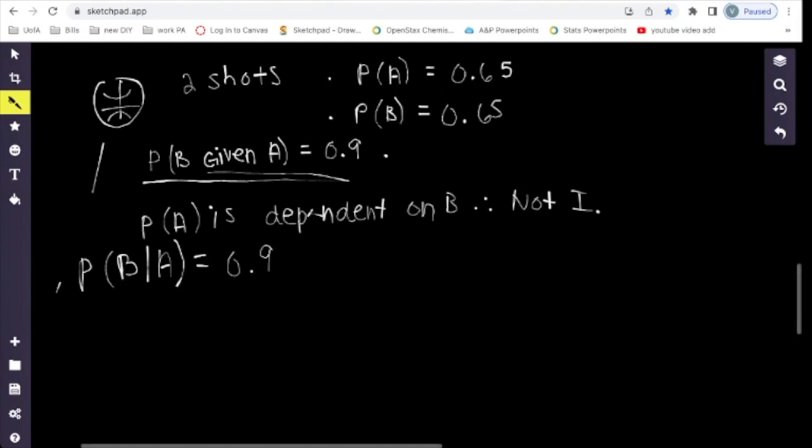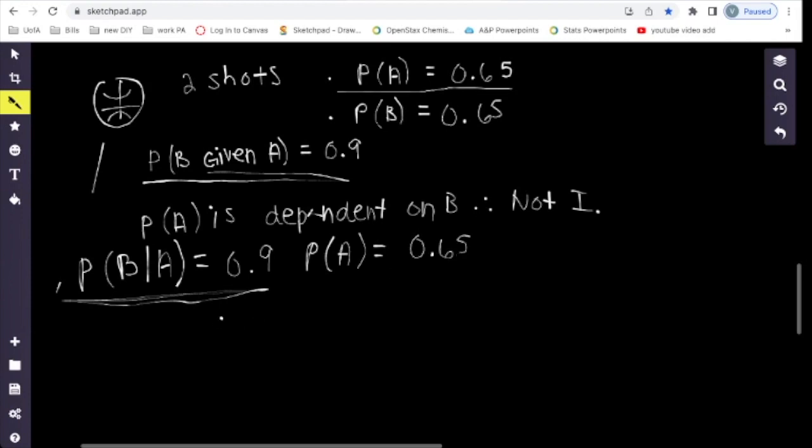We can't just use the probability of A because we know that B is dependent on A. So instead we need to use the probability of B given that A occurs and the probability of A for our multiplication rule.